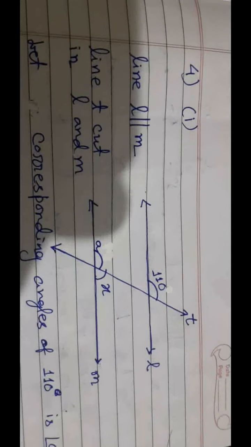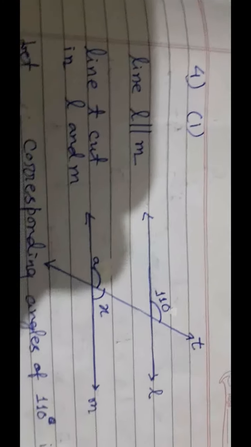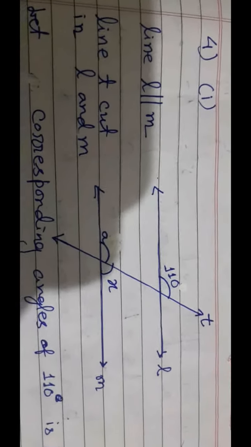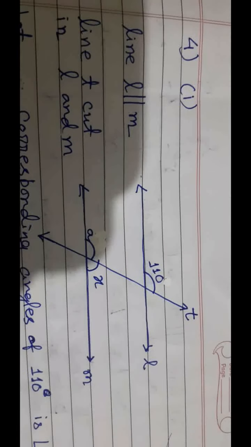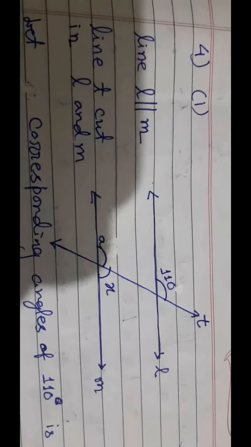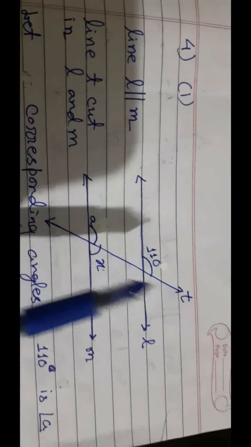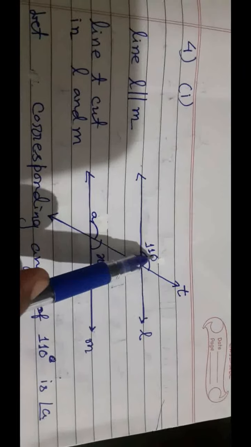Now see question number 4. Find the value of x in each of the following figures. Here the 2 lines L and M are parallel and T is the transversal line, and T cuts L and M. Now find the value of x. This value is given as 110.